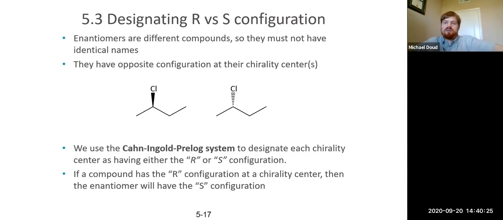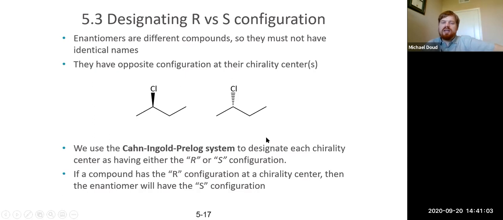And when you get things mixed up in terms of chirality and pharmaceuticals, for example, you can turn a miracle cure into a poison. So we have to designate a system to come up with this. And what we use is what we call the R versus S configuration. In order to figure out what the R versus S is going to be, we use what's called the Cahn-Ingold-Prelog system to designate the substituents of each chiral center. So here what we mean is we're looking at each of these chiral centers and we're going to go ahead and give each group that's next to it a number.